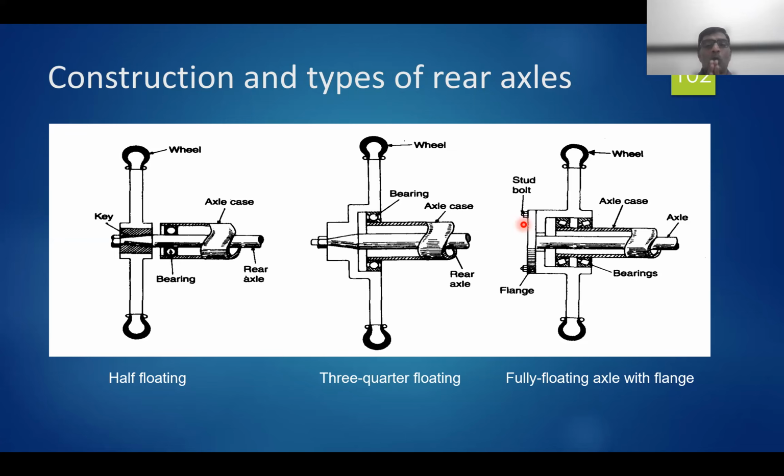Now we are going to see the construction and types of rear axle. So power is provided with the help of the engine, that is given to the propeller shaft via the gearbox. Then the propeller shaft is connected to the final drive and the axles are rotating.